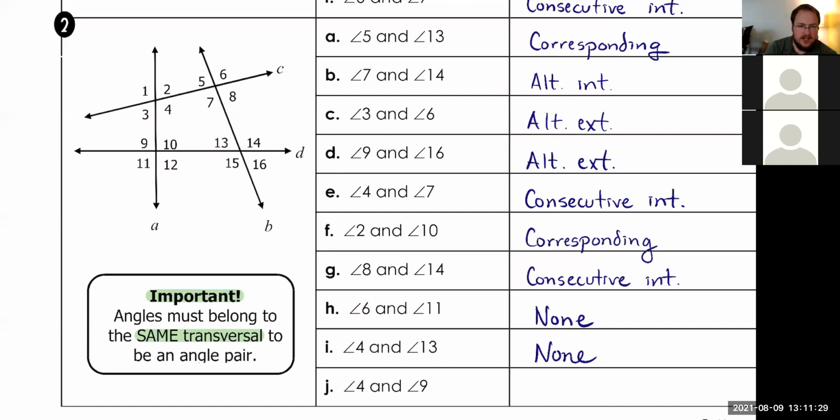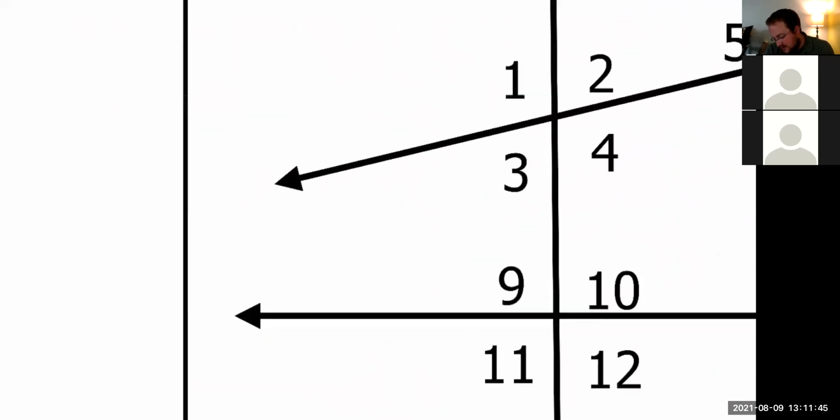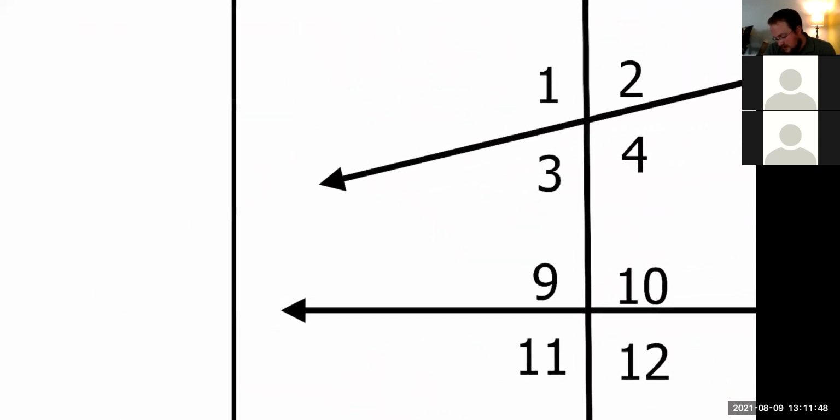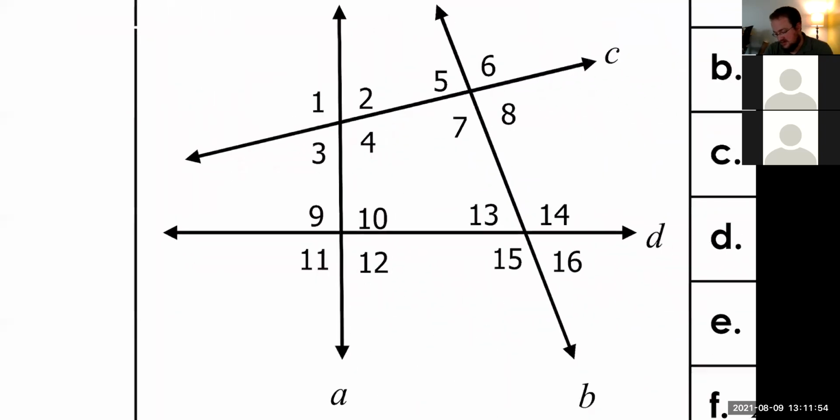I heard alternate exterior, 4 and 9. Careful though, if we're saying A is our transversal, then it's crossing C and D. If it helps, I don't know if I can zoom in that far. 4 and 9 are between the other two lines, so it'd be alternate interior.